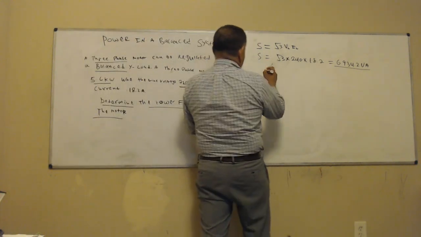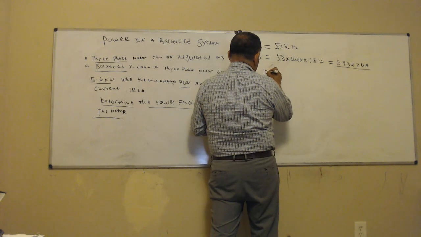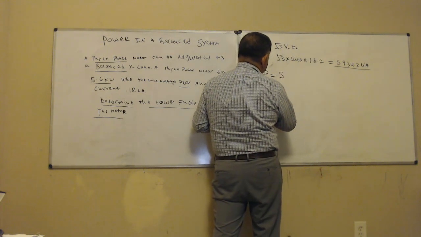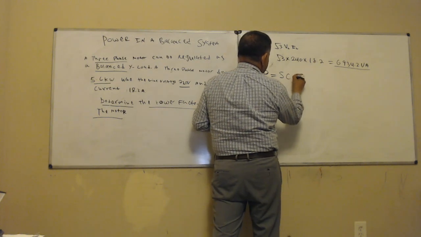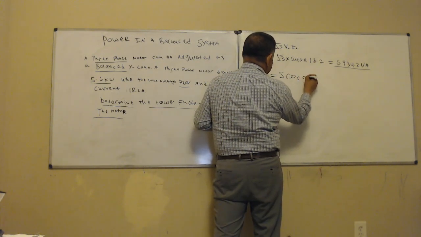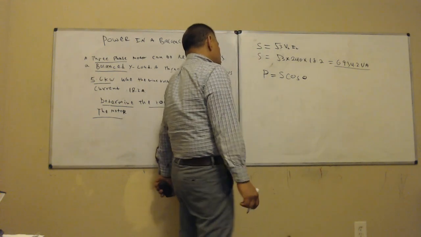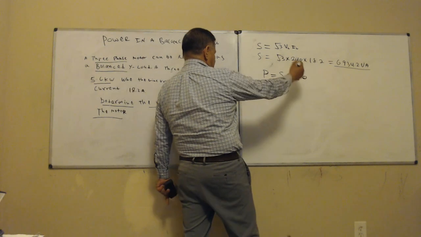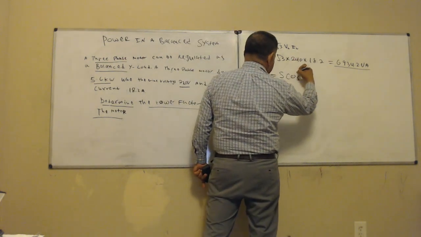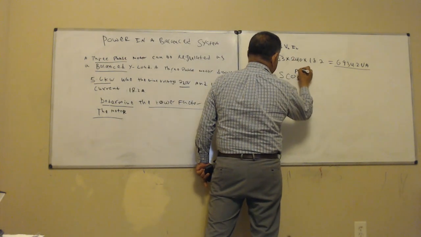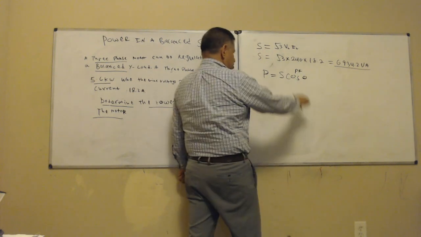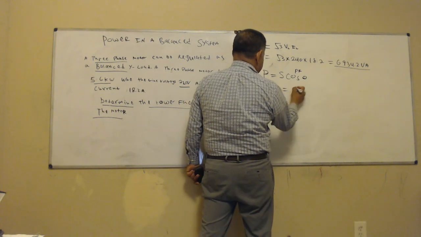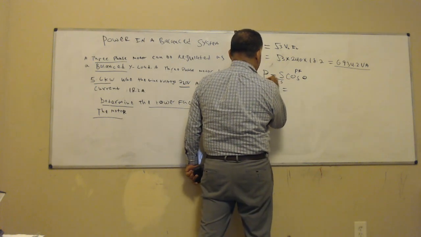We can say that P is equal to S, the apparent power, times cosine of the angle theta, which is the power factor. So now what I can say is that cosine of theta is equal to P divided by S, dividing by S on both sides.